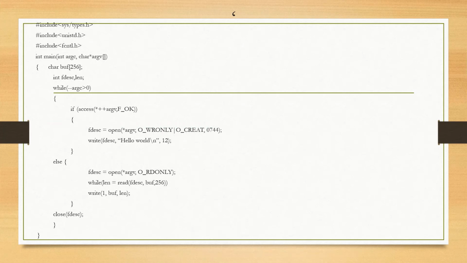The function returns 0 if all the requested permissions are permitted and -1 otherwise. The program uses access to determine for each command line argument whether a named file exists. If the named file does not exist, it will create it and initialize it with the character string hello world.